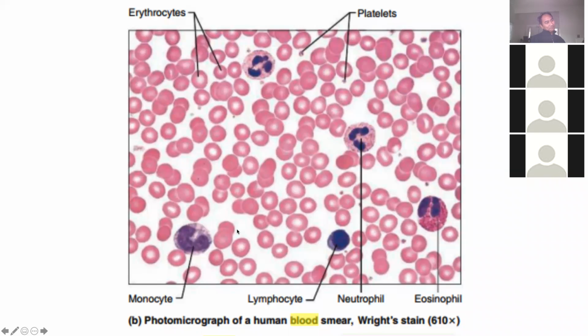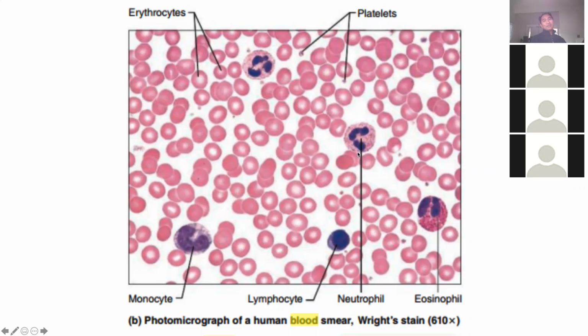What do you think? So in this blood film, we see a lot of RBC, and even for the WBC, how many WBC do we see? 1, 2, 3, 4, 5. Among 5 WBC, we see two neutrophils. Why is that?